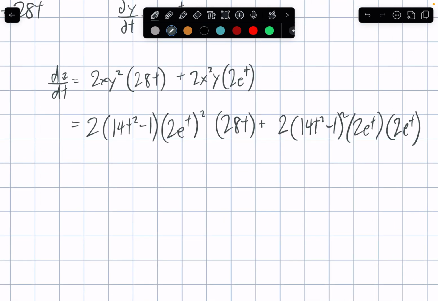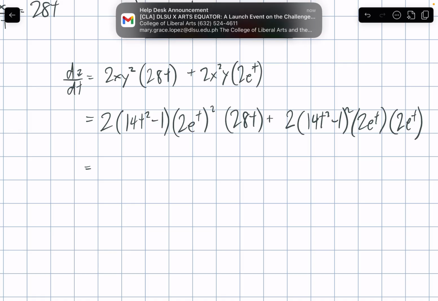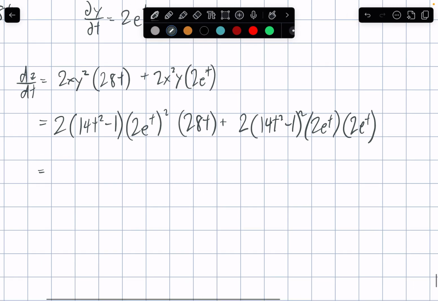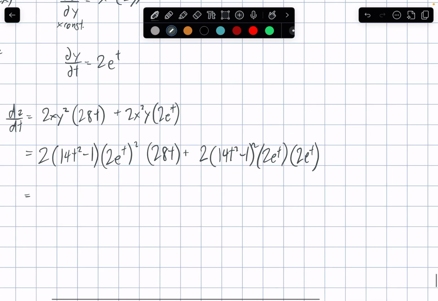Whether you like it or not, we have to simplify this. So, how do we start? What's 8 times 28?